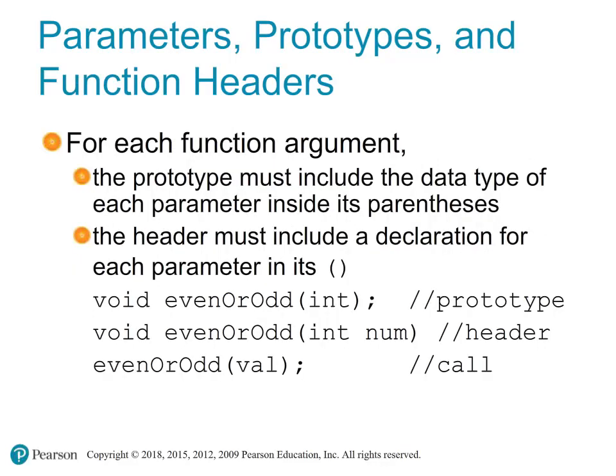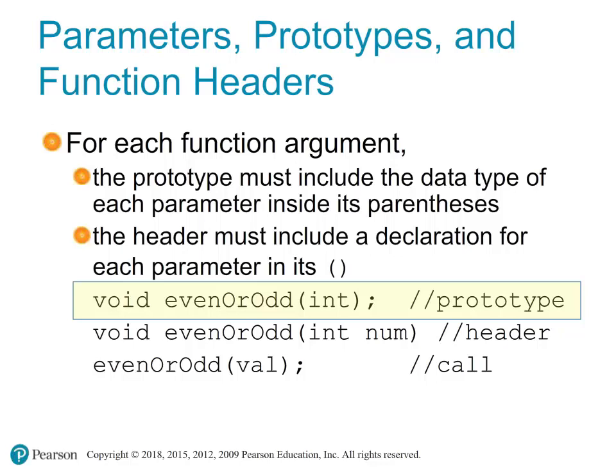The prototype must include the data type of each parameter inside its parentheses. So here the prototype for evenOrOdd specifies that it takes one integer parameter and the function doesn't return anything, it's void.